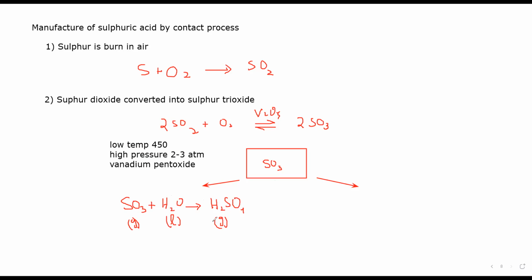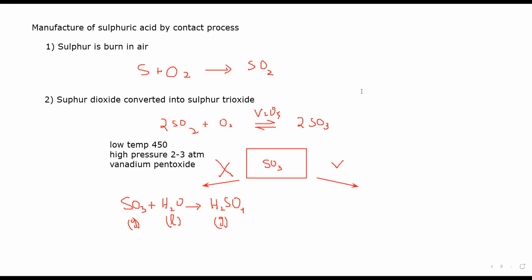So it is very difficult to extract the acid if we have vapors of it in a place. That is why we do not follow this method. But we follow the second method. What is the second method?